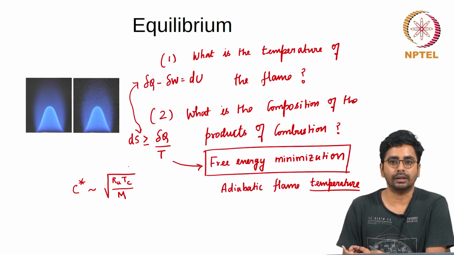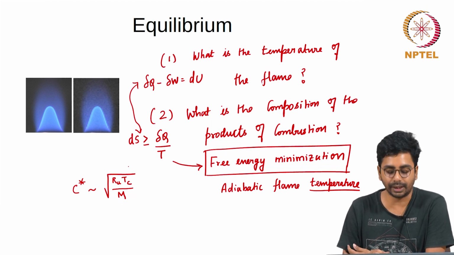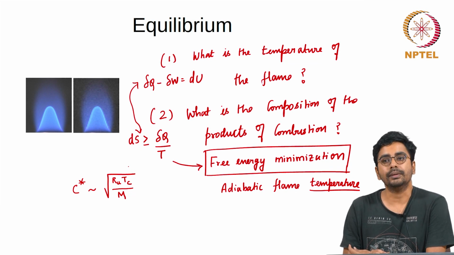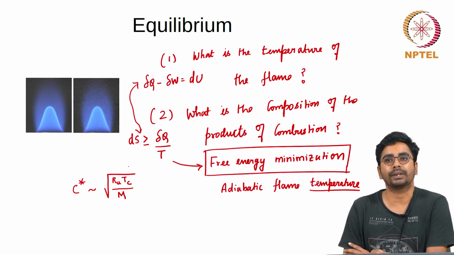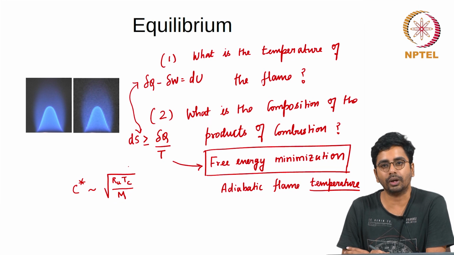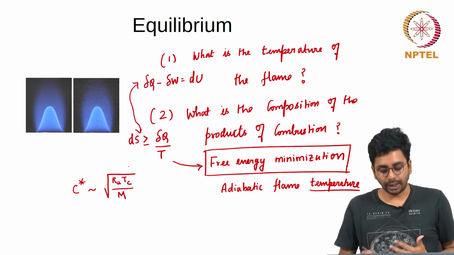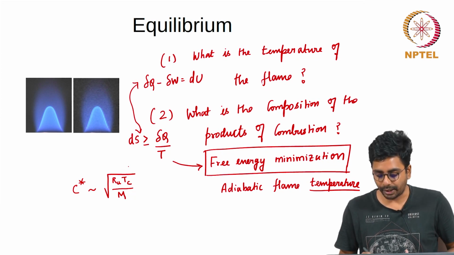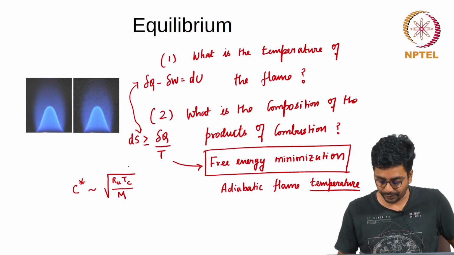For example, in liquid oxygen and liquid hydrogen systems, or hydrogen oxygen cryogenic rocket systems, the maximum flame temperature point does not coincide with the maximum characteristic velocity point, because the molecular weight of hydrogen is much smaller compared to that of oxygen, so the maximum C star point occurs on the richer side. Okay. So, these are some important conclusions that can simply be drawn by looking at equilibrium analysis for a given propellant combination or a given fuel oxidizer combination.